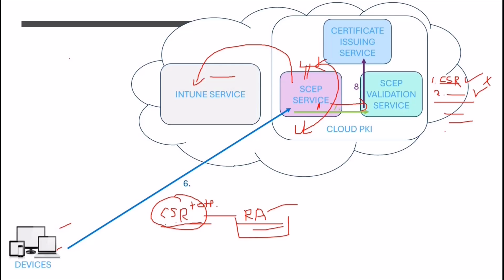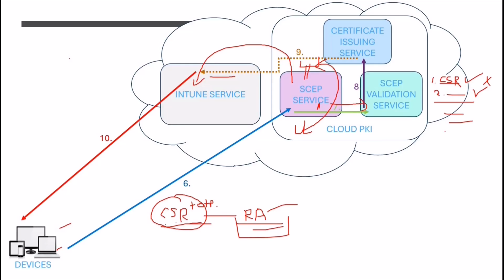The CSR is going to contain the validity, the common name, and all of that, right? So the certificate issuing service is going to create a certificate, and then it's going to provide that certificate to the Intune service so that the Intune service can now deliver that certificate over the MDM channel.